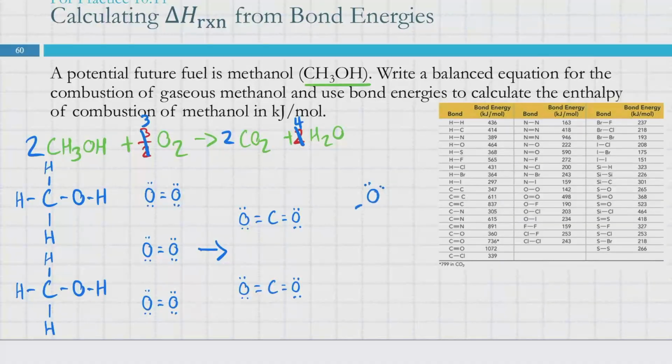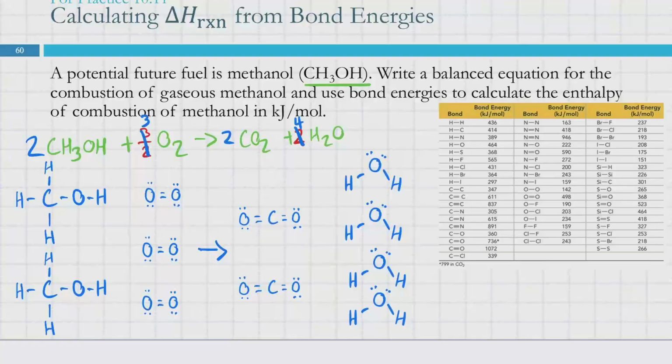Oxygen with 2 lone pairs and hydrogens, and we've got 4 of those. So we've got the correct coefficient number of molecules on the left side, on the right side. We need to now count up all the bonds.